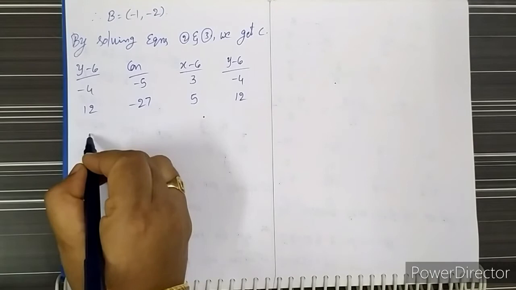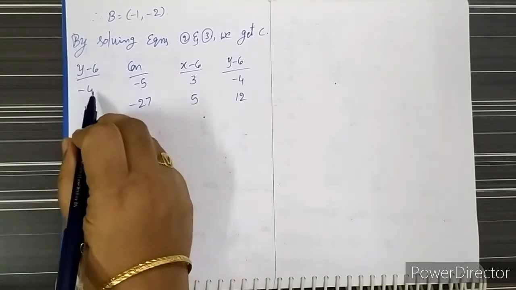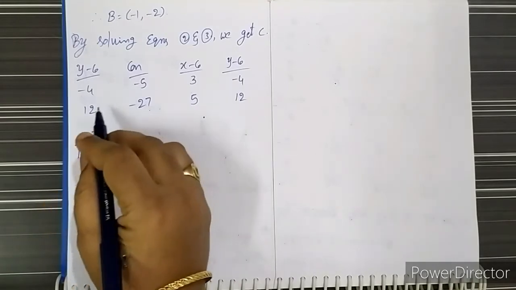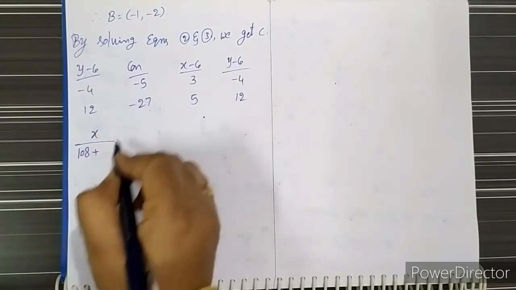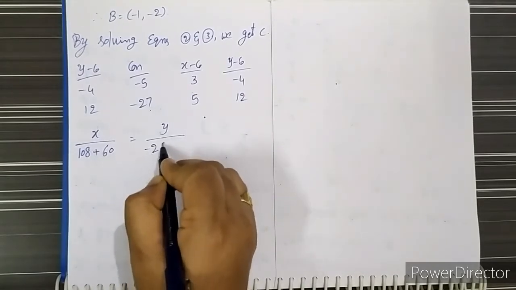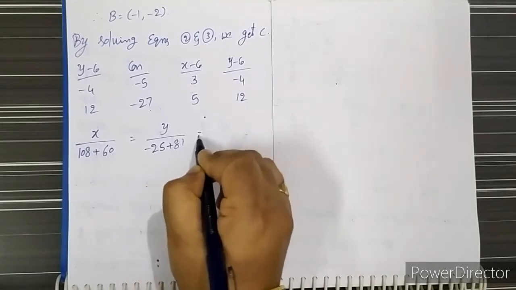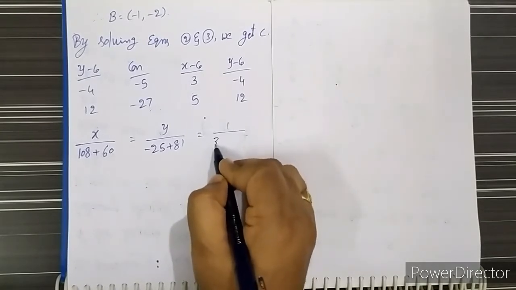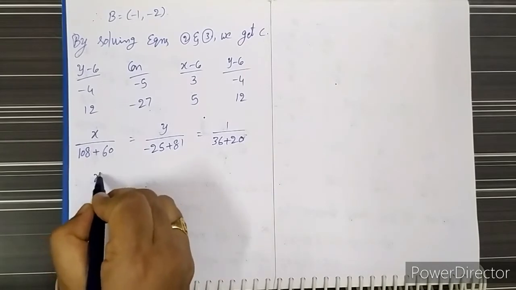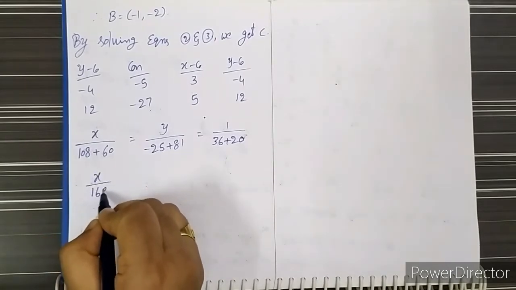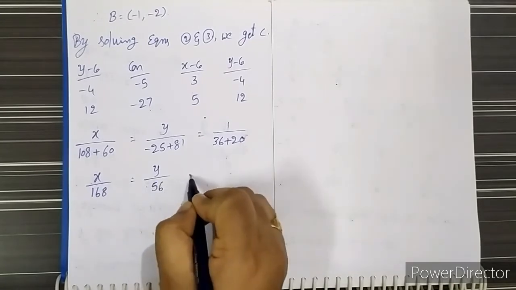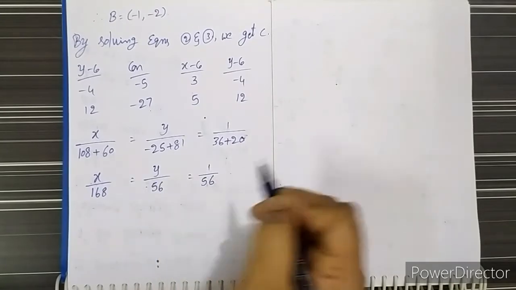Then the calculation is x by (108 plus 60), equal to y by (minus 25 plus 81), equal to 1 by (36 plus 20). X by 168 equal to y by 56 equal to 1 by 56.